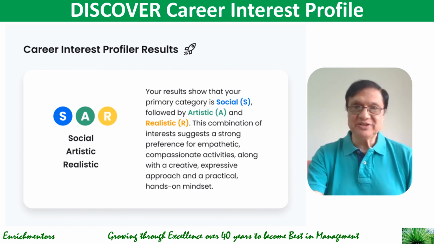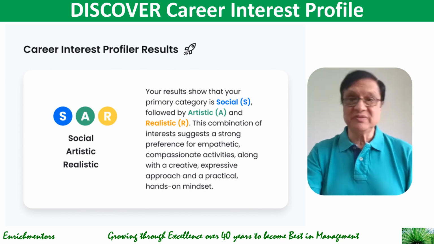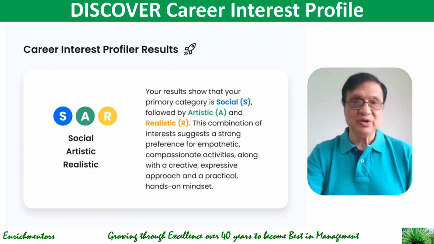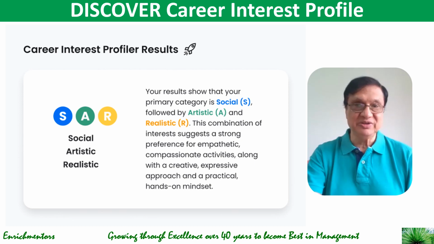Discover career interest profile is another interesting thing that you can see. It basically assesses interest and preferences in various career fields, and it offers insights into potential career paths based on individual interest. And that can help you make choices aligned with the personal passions.